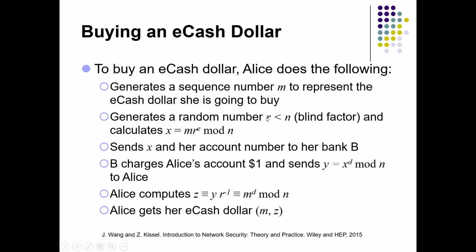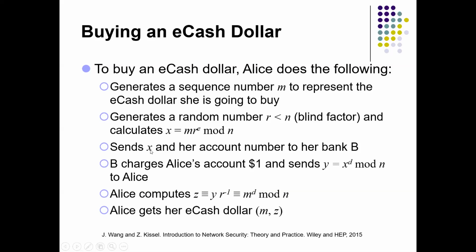Then she uses a blind factor R to blind M. This R is a random number. And she computes M times R to the E power mod N. Let's call it X. So in effect, this sequence number M was included in this X. But of course, anybody who sees X won't be able to know what M is without knowing what R is. Now E and N, of course, are public.